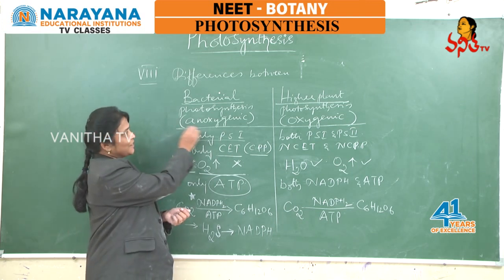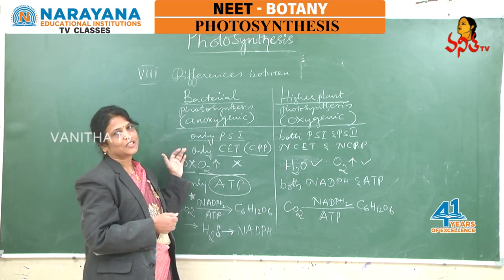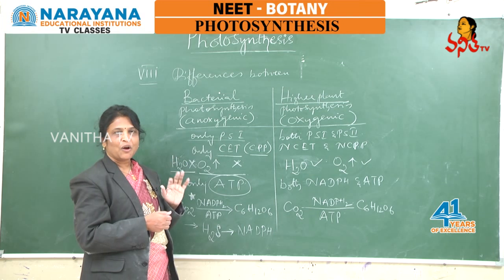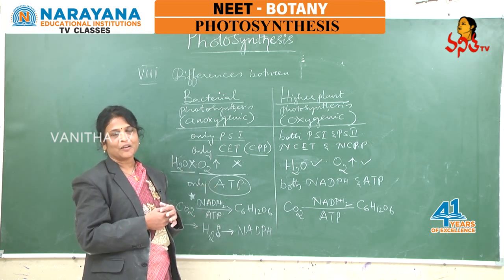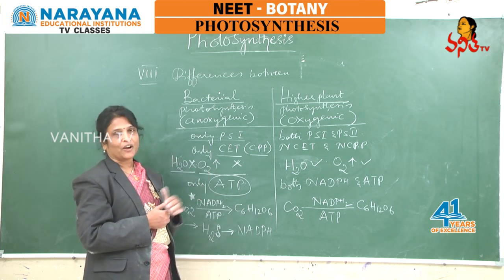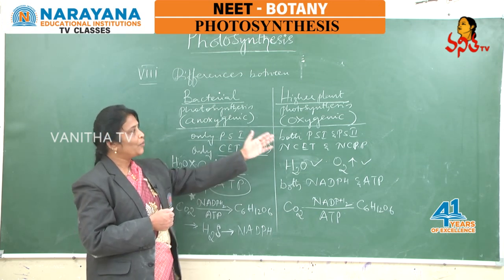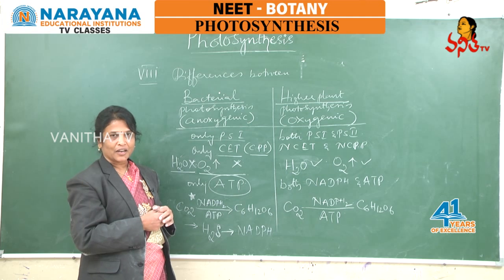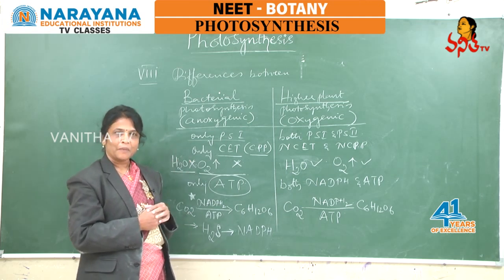So, bacterial photosynthesis is anoxygenic, and that is only with PS1. So, PS1 is common for both bacteria as well as higher plants, that includes cyanobacteria up to angiosperms. Okay? But PS2 is found only from cyanobacteria to angiosperms, that means only for oxygenic photosynthetic organisms, and that is absent in bacterial photosynthetic mechanism.